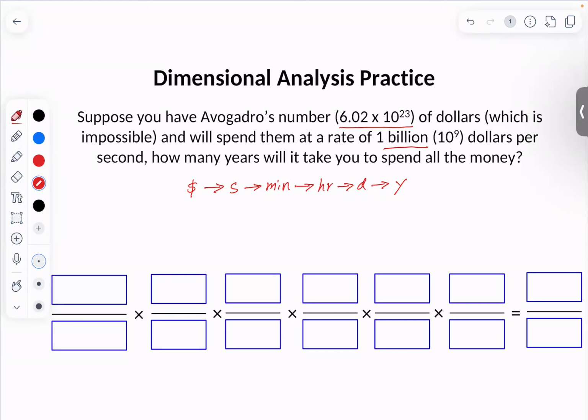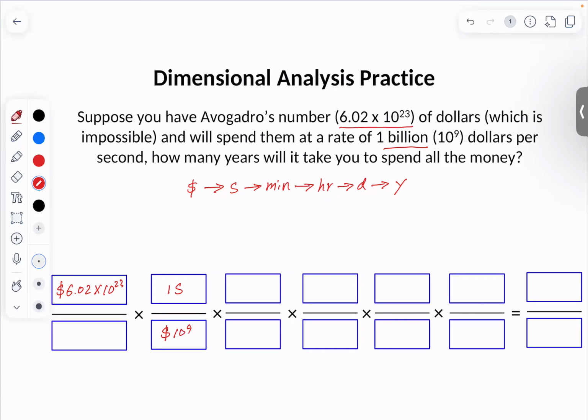We multiply 6.02 times 10 to the 23rd dollars by the first conversion factor, which is 1 second over 1 billion, which is 10 to the 9th dollars.